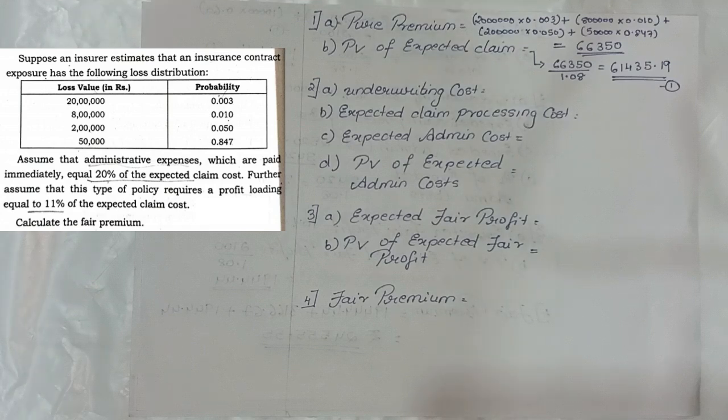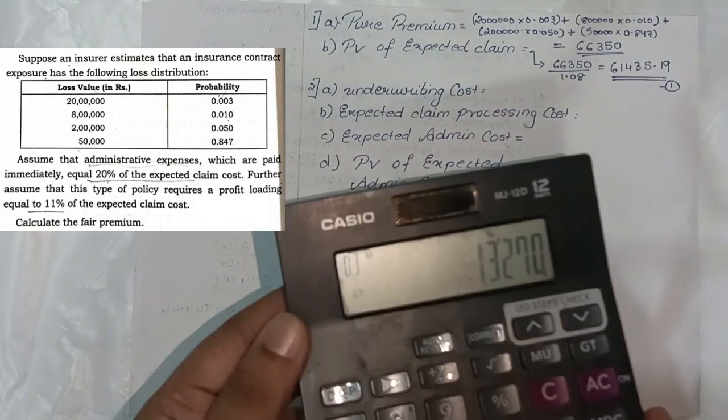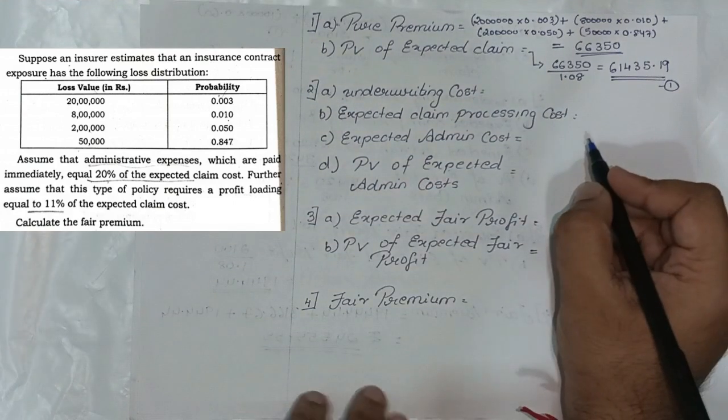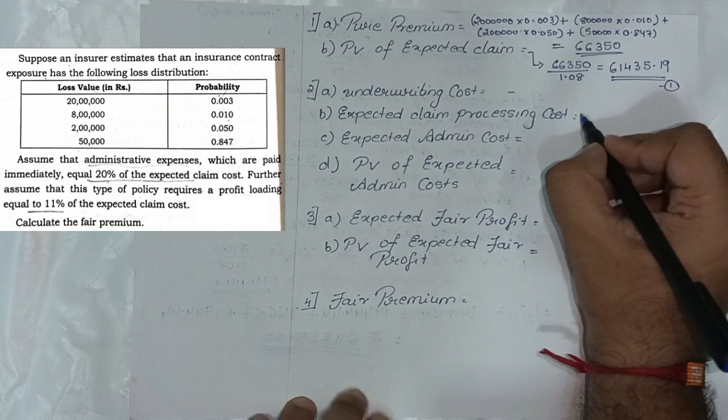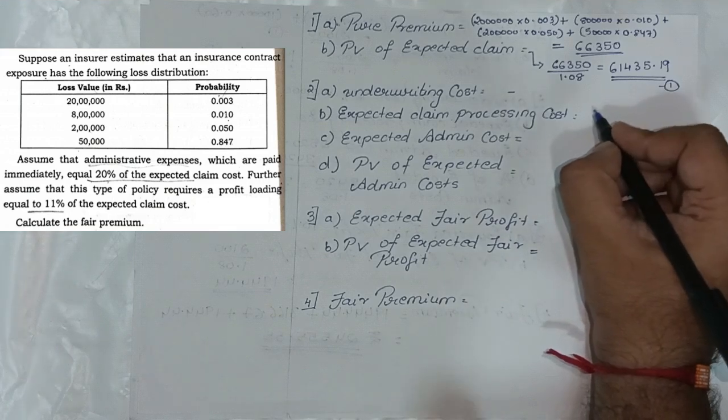Expected claim is nothing but the pure premium. Our expected claim was 66,350. Of that we have to take 20%, which comes to 13,270.